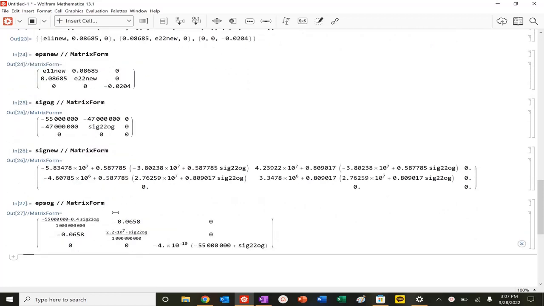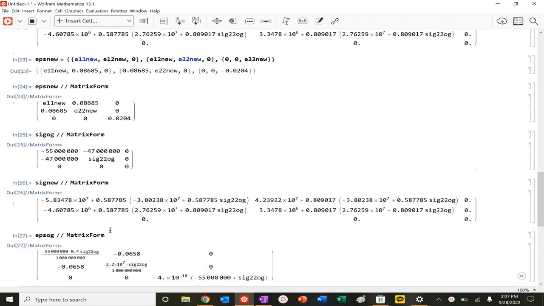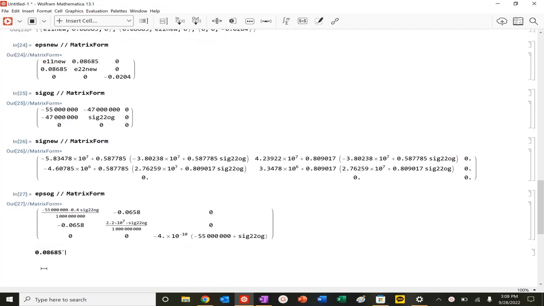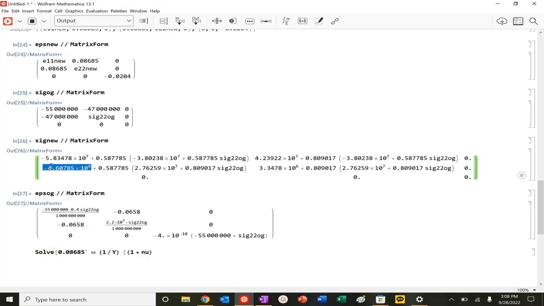So what do we have here? We need to solve for our new values. We know my new strain E12 must be equal to 1 divided by Y times 1 plus nu times my new sig12, which is right here.